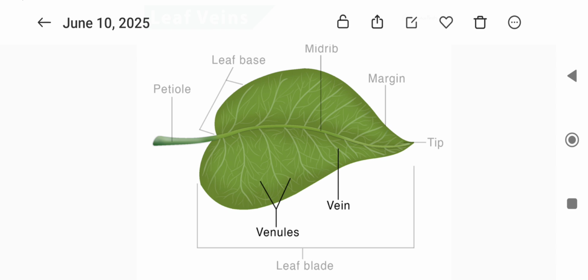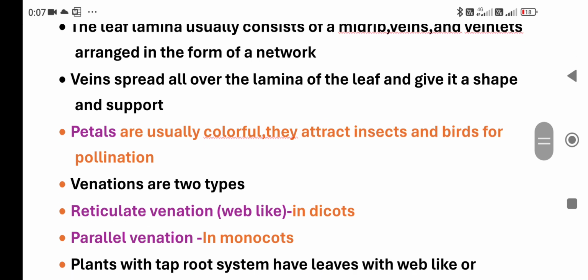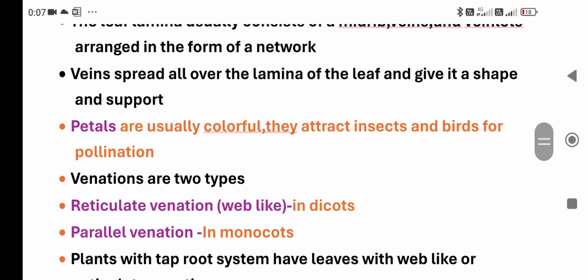So venation means the arrangement of veins on the lamina of the leaf. Veins spread all over the lamina of the leaf and give it a shape and support. If there were no veins in the leaf, there would be no particular structure to the leaf.